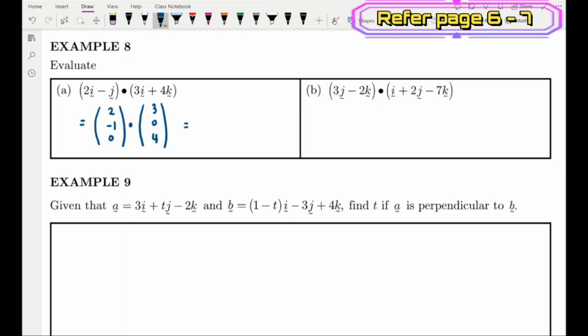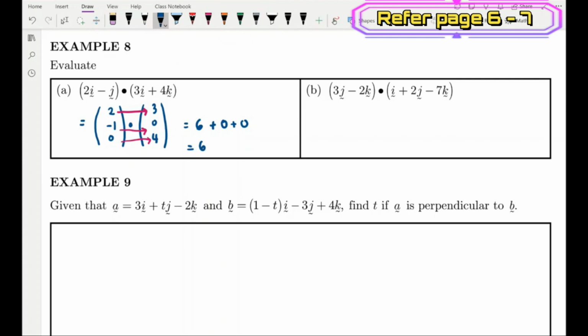And then we just multiply each element for i, j and k. So 2 times 3, we get 6, plus negative 1 times 0, we get 0, plus 0 times 4 equal to 0. So the answer is 6.